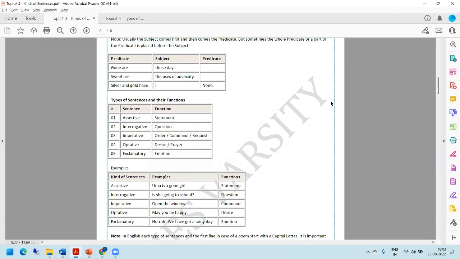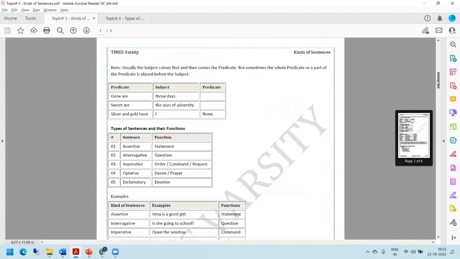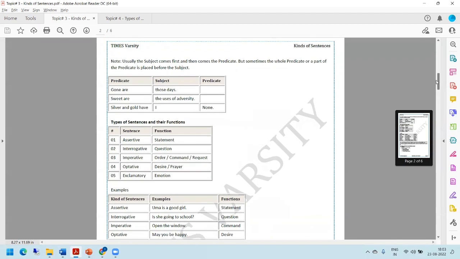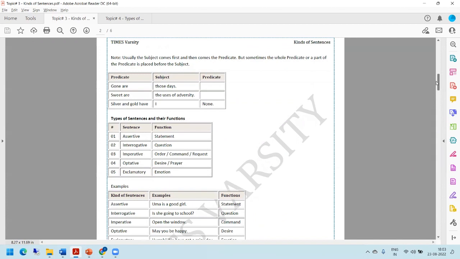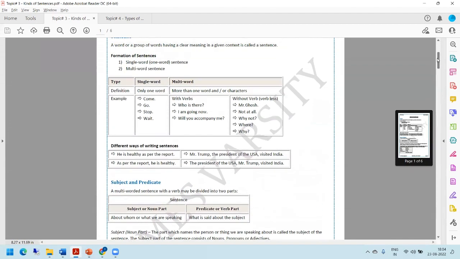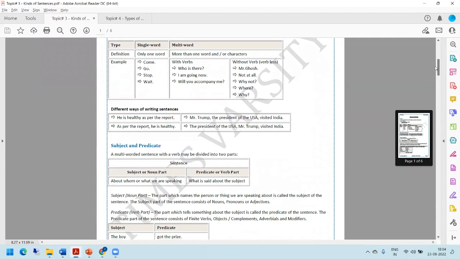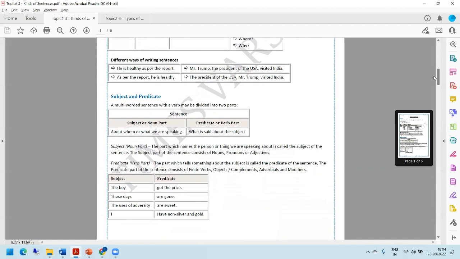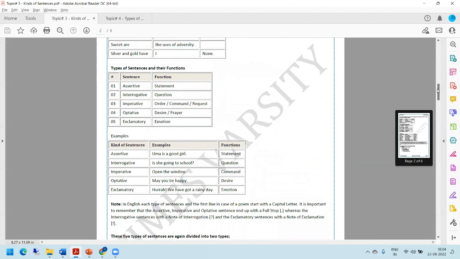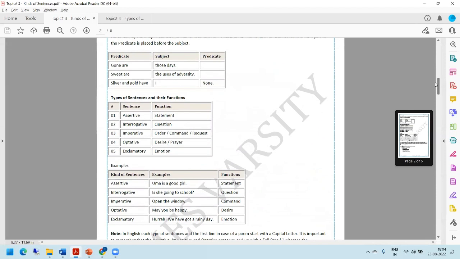Okay. Right. So similarly, we can rearrange that one. So that is also possible. And there are thumb rules which we need to discuss. So this is about what is a sentence, and then a sentence is divided into two parts, that is subject and predicate. Okay. Now let's discuss types of sentences and their functions.